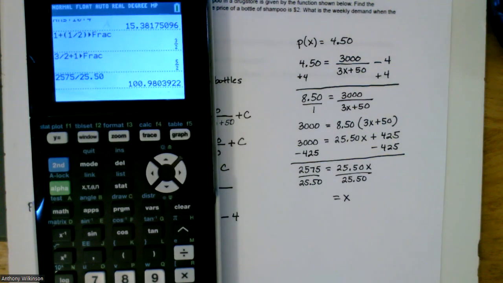But let me tell you, in the homework for this particular problem, I'm just giving you a heads up on this one. They're going to ask you to round down. For the price demand equation, they're going to ask you to round down to the nearest whole number. Not round up, we're rounding down.